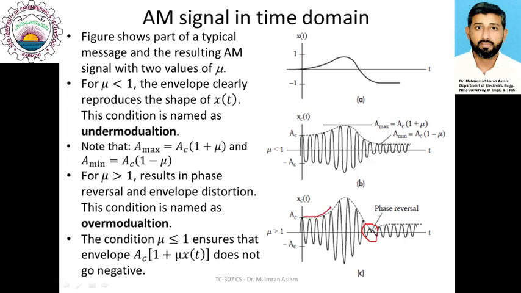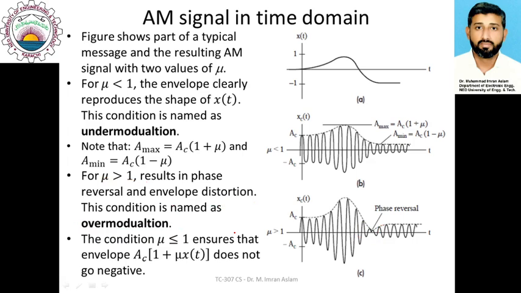You can see that this envelope would look somewhat like this, which is different from the original envelope. So having mu greater than 1 gives us a problem of phase reversal, which makes it harder to demodulate the signal, and eventually we experience an envelope distortion in the signal. This condition is generally named the over-modulation condition.